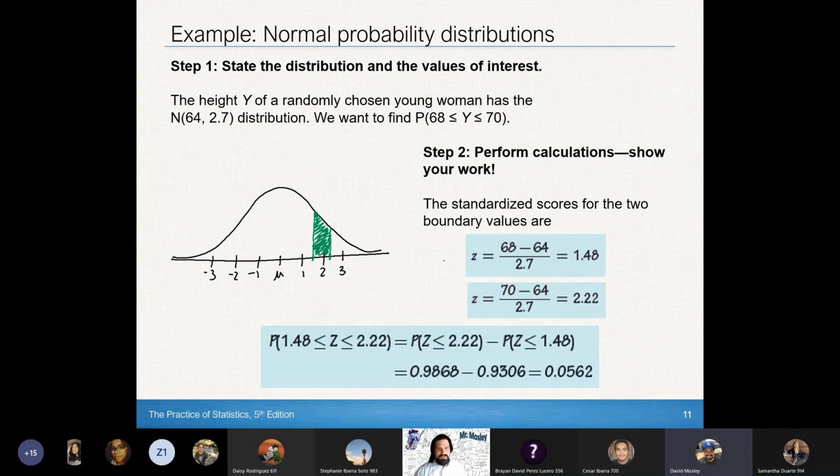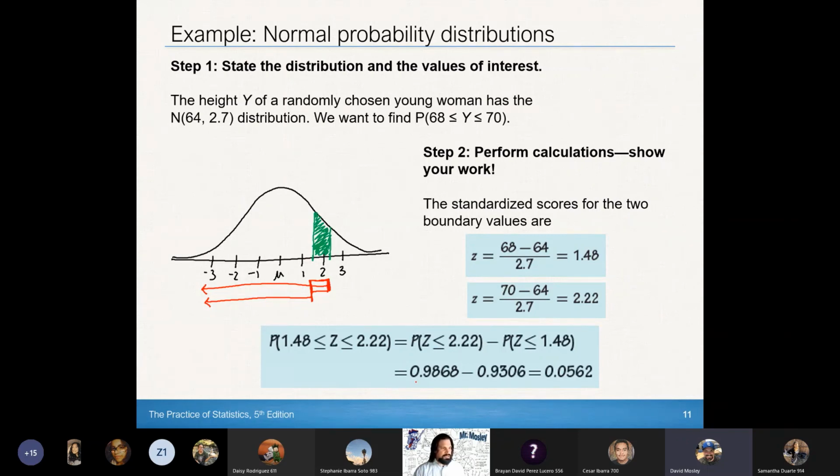This is because table A gives us the area to the left of 2.22 and the area to the left of 1.48. I don't need the area to the left of 1.48, I just want what's between here. So to isolate this chunk, I take this whole thing and subtract the extra area, which is this here.